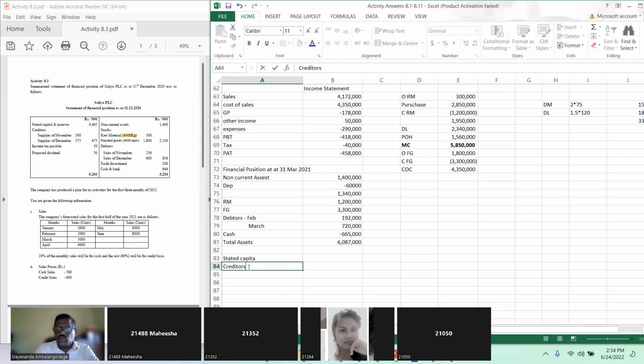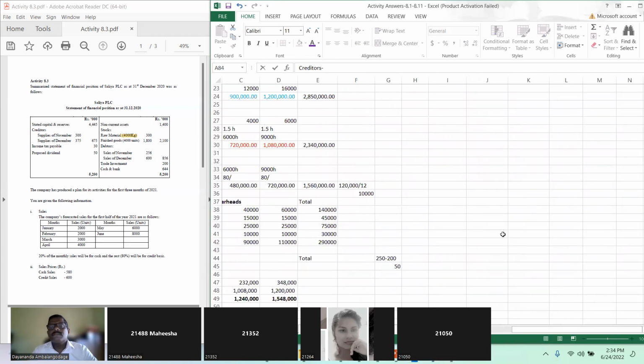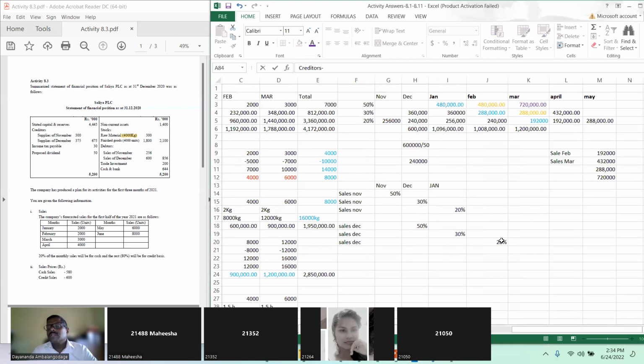Creditors also you have two balances. Yes. So March debtors is 432. No, the thing is that we prepare the balance sheet at 31st March.